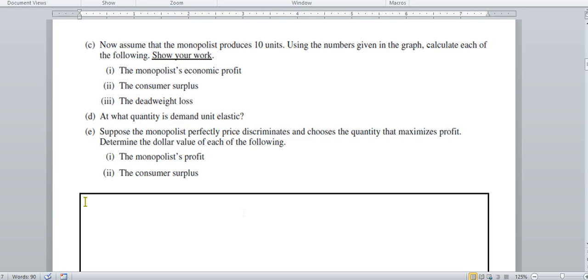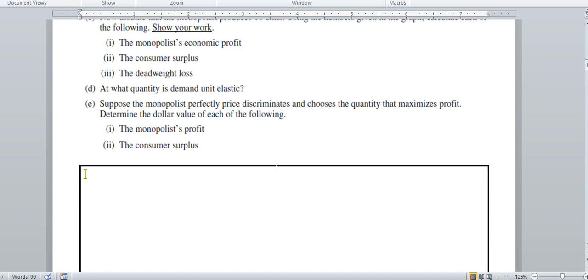We want to suppose that the monopolist is able to perfectly price discriminate, and we want to know what point it is going to produce at to maximize its profit, what would its profit be, and what would the consumer surplus be.